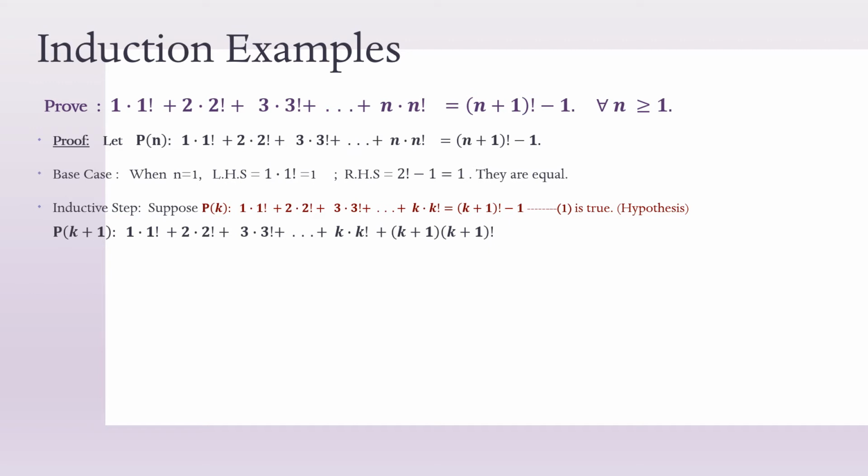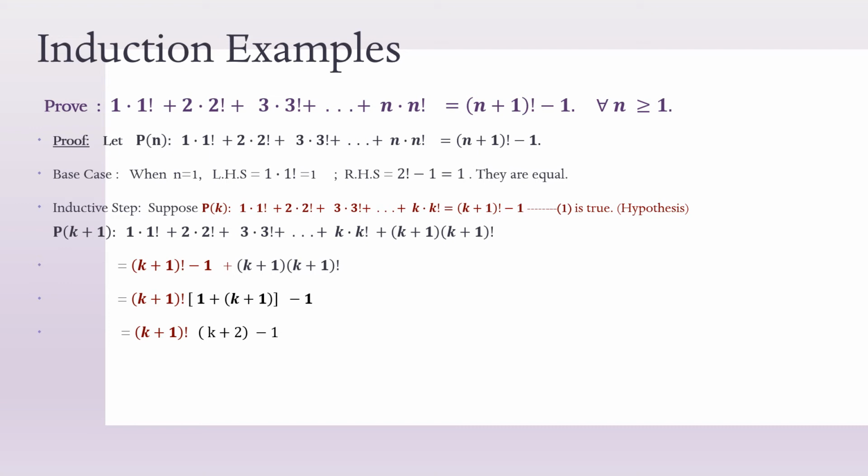The left-hand side of P of k plus 1 is 1 times 1 factorial, etc., k times k factorial, plus that k plus 1th term, k plus 1 into k plus 1 factorial. So that will be the sum of the first k terms, by the induction hypothesis, k plus 1 factorial minus 1, plus k plus 1 into k plus 1 factorial. By pulling that k plus 1 factorial outside, we get k plus 1 factorial times k plus 2, minus 1.